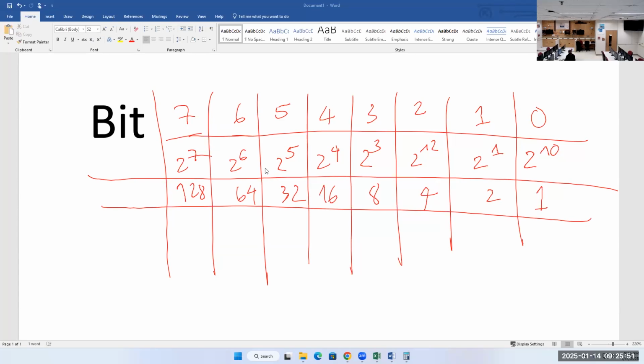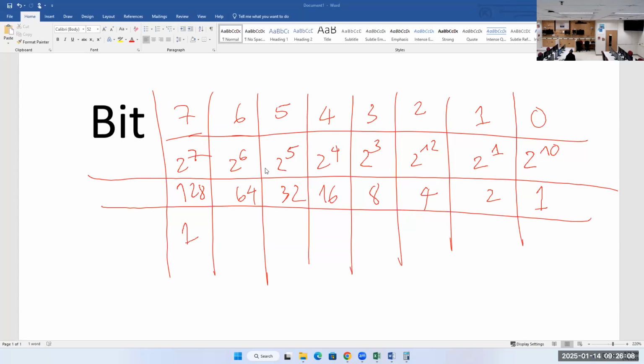You know that is 1 byte, 8 bits here. What do you think is the maximum value of 1 byte in decimal? It's 255.